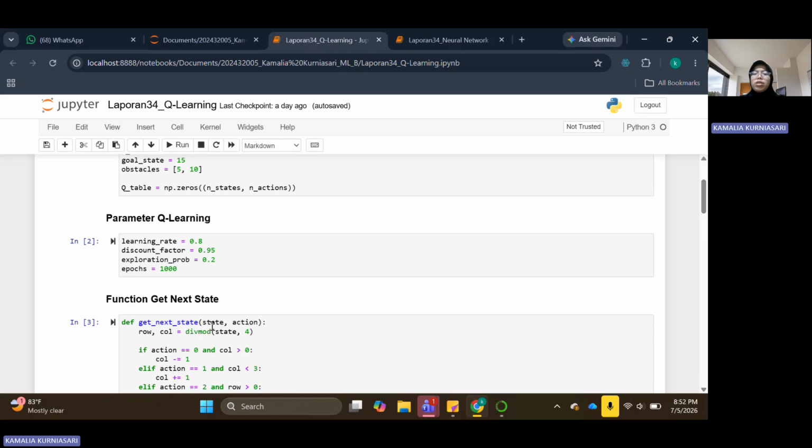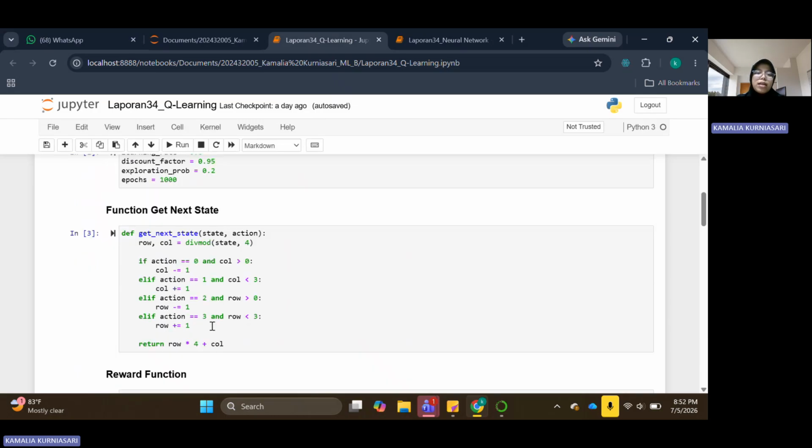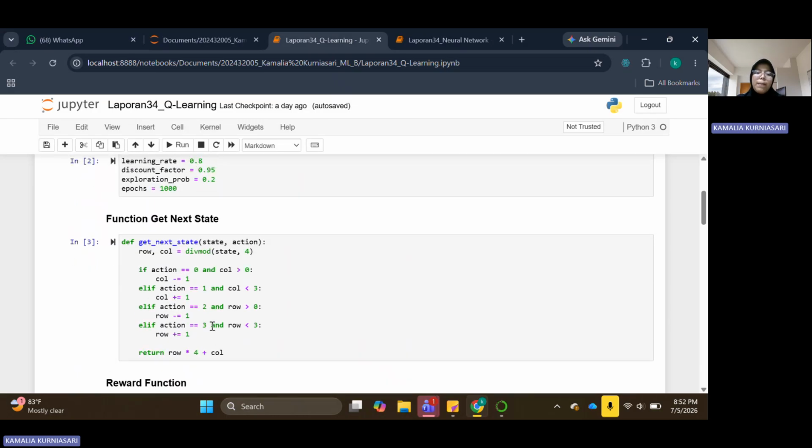Action selection uses the epsilon greedy strategy, and this means 20% of the time the agent explores random actions, and 80% of the time the agent exploits the best known action. Q values were updated using the Q-learning formula.